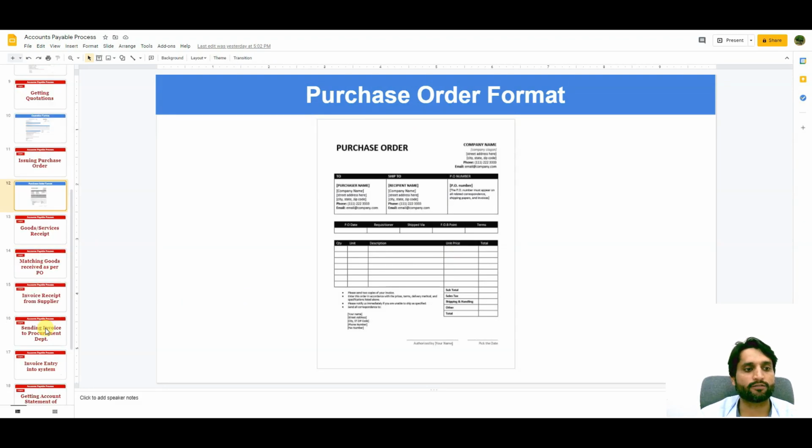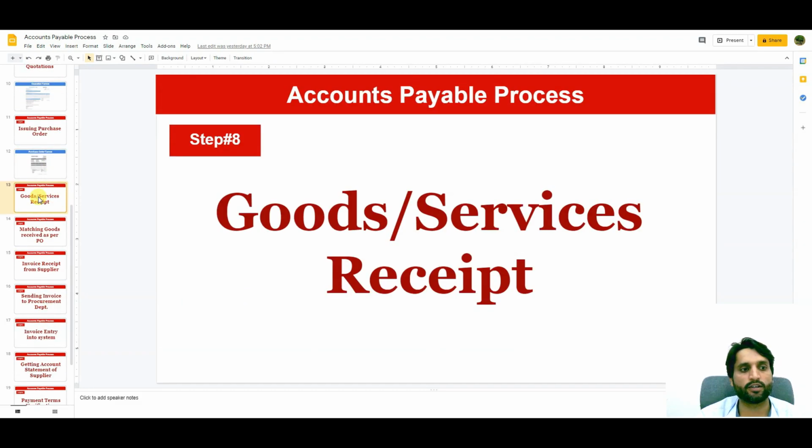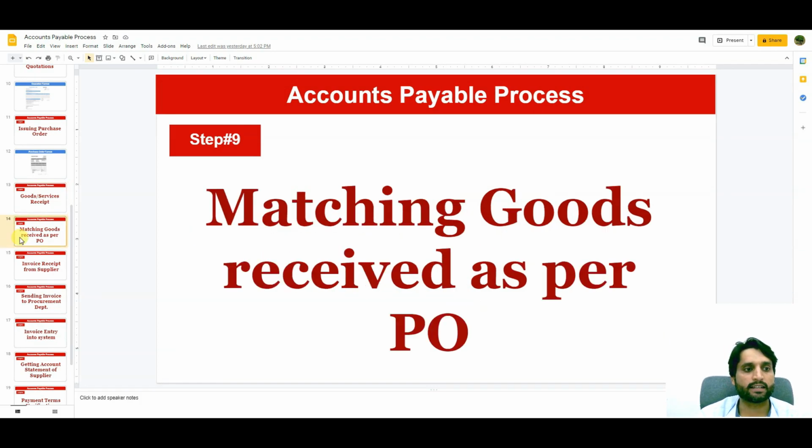After we issue a purchase order, the supplier arranges the material for us. So we are going to receive the goods and services. After that, the procurement department and the warehouse department are matching goods received as per the purchase order.